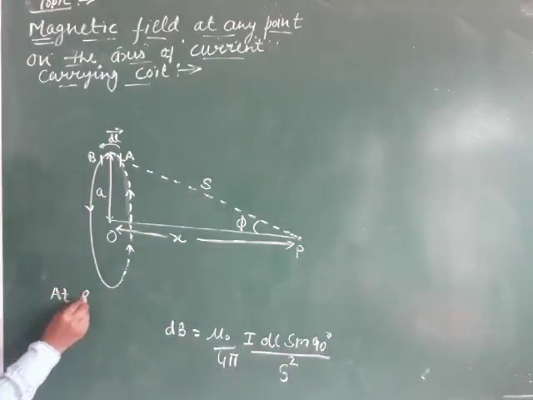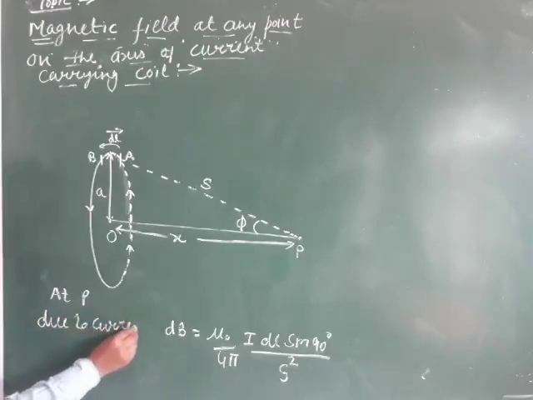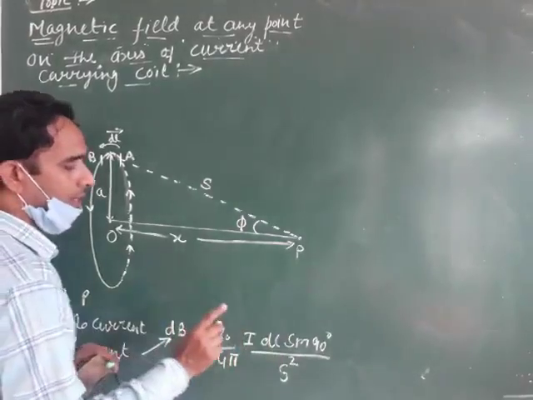At P, due to the current element, the value of the magnetic field is this only.